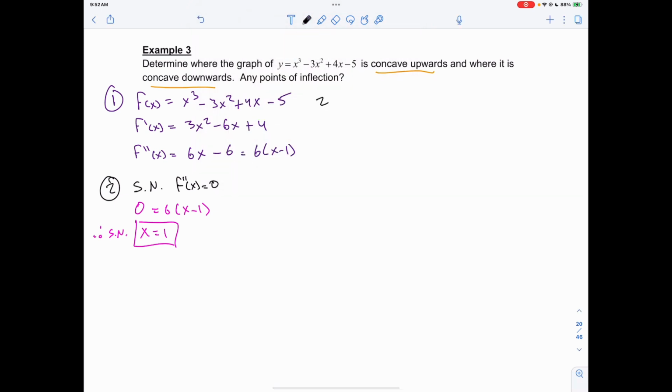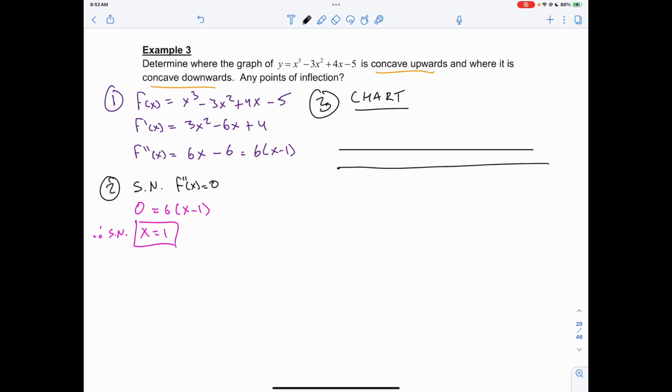Then I'm going to determine the intervals for concave up and concave down using my chart. So I'm going to set the intervals.